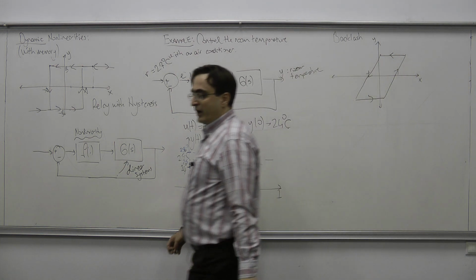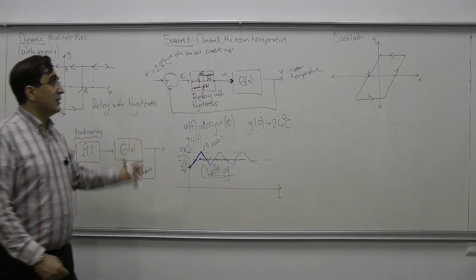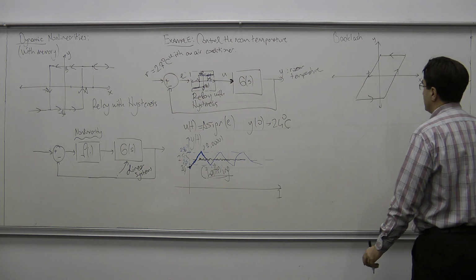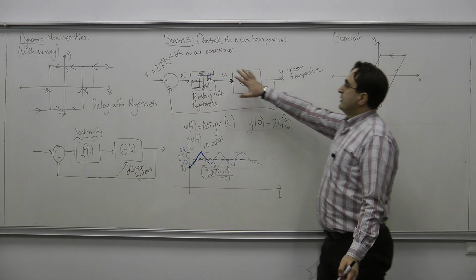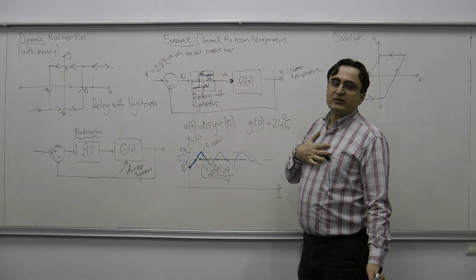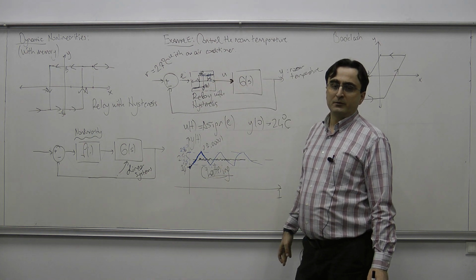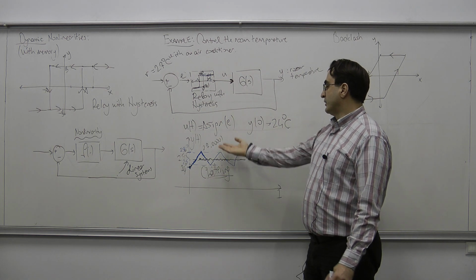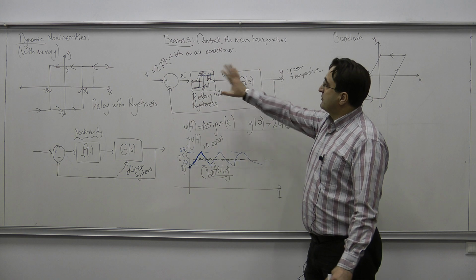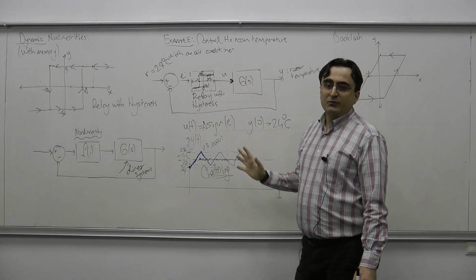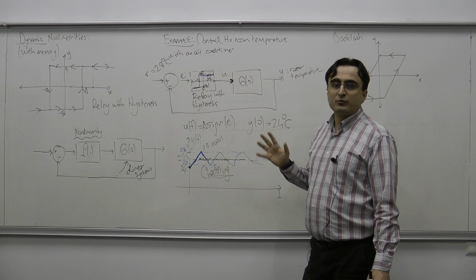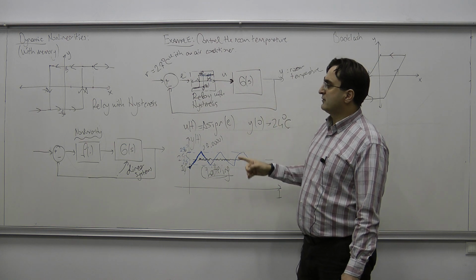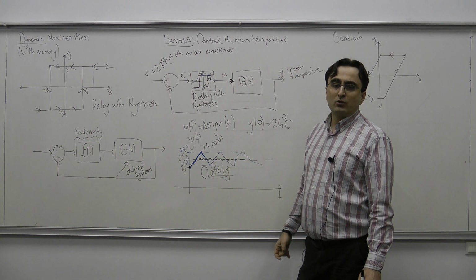So now let me try to explain what backlash type of nonlinearity would model. Sometimes we place nonlinear elements ourselves into our system, like this relay with hysteresis example, to avoid frequent switching. Sometimes these nonlinearities are artificial elements that we place into our systems for better performance. But sometimes they are there because the physical system actually contains it.